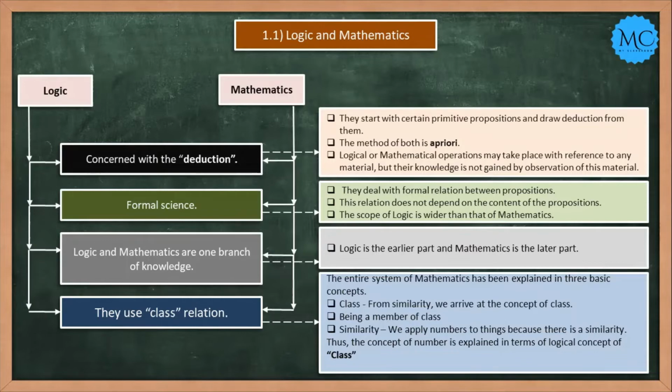Class is, broadly, a category, any category. Suppose you are talking about a community or a religion or sex or whatever, you can always create a class which contains members. So let's move on.